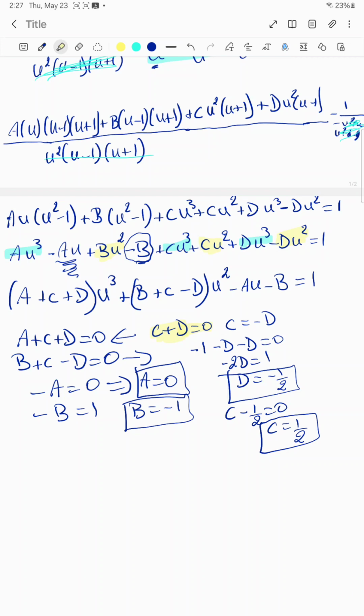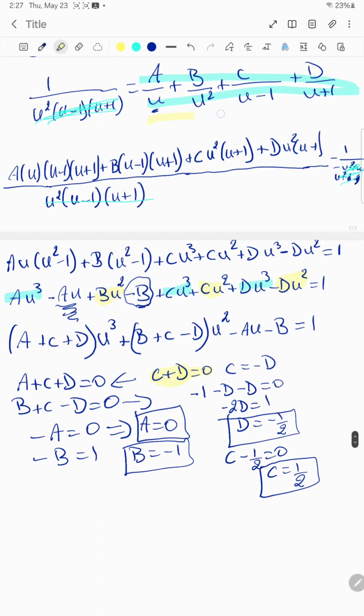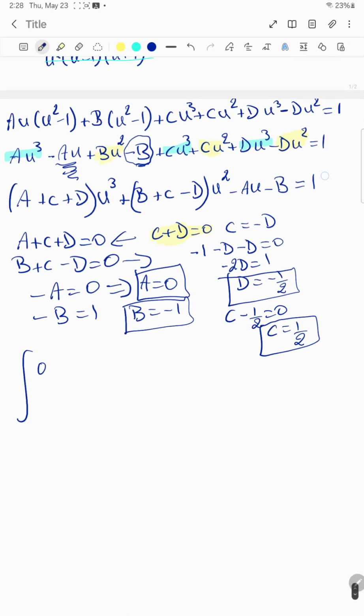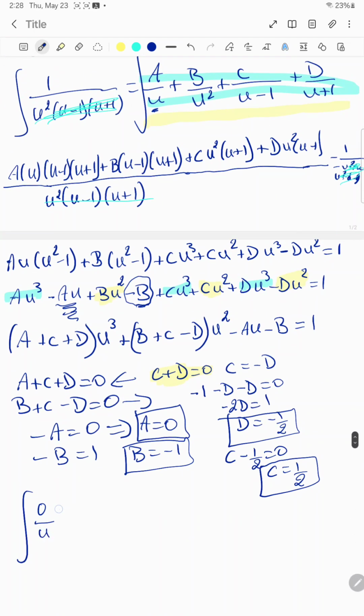So now I have all my variables. So I go back here. I'm coming back to this here, and I will replace a, b, c, and d by their values. So my integral will become integral of 0, because remember, I want to have the integral of this, so I will do the integral of that. So a is equal to 0, 0 divided by u du, plus the b is equal to minus 1, so I will put minus 1, not plus.